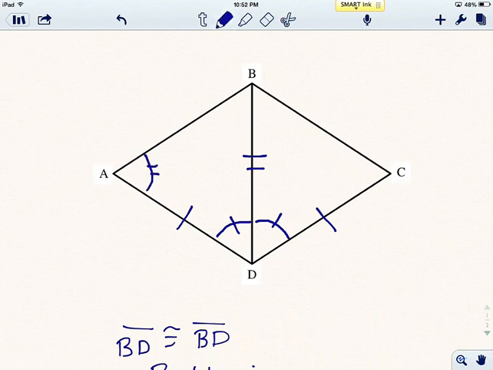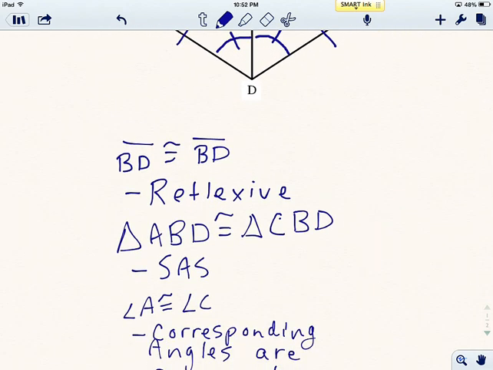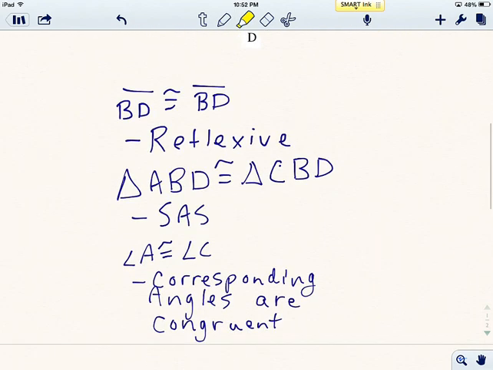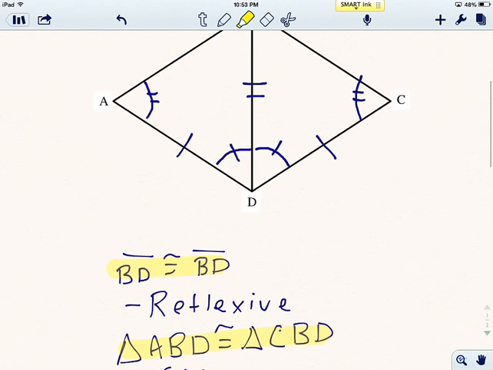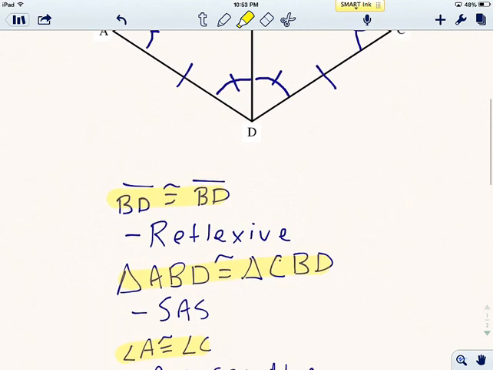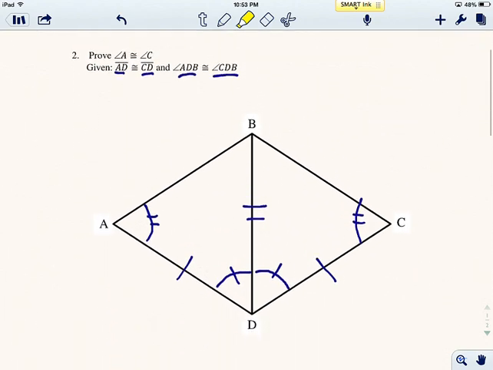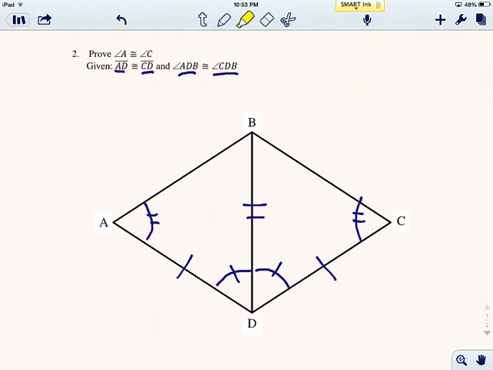They wanted to know that that angle is congruent to that angle, which we now can say because we've got the proof of the triangles. So this proves that. And this was our evidence, combined with our given information, to prove that those two triangles are congruent. Okay, so there is the proof for that one.